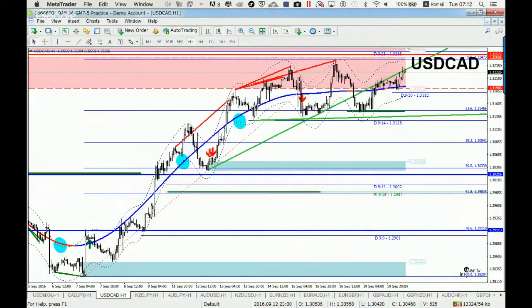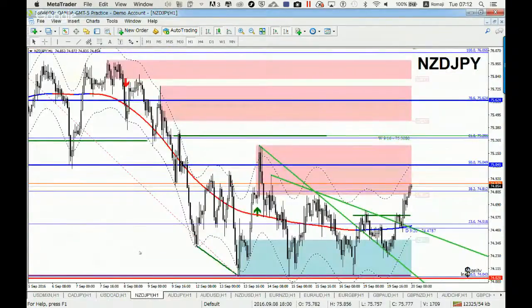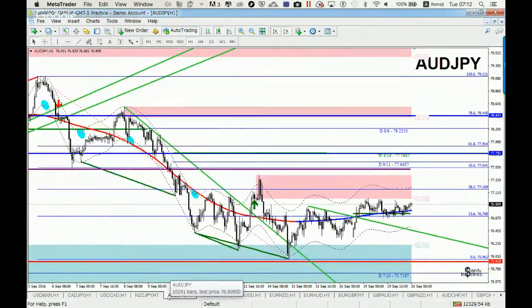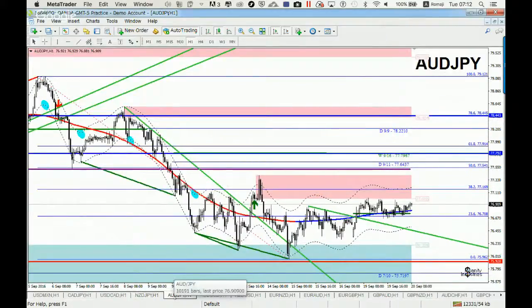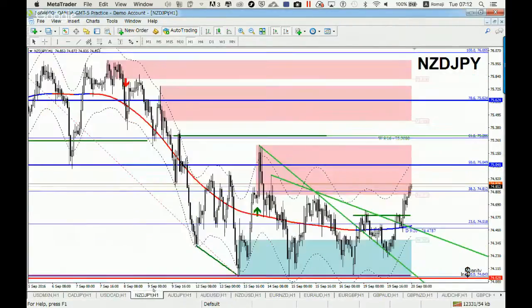Next, let's look at the New Zealand yen. Now, the yen pairs have kind of perked up, and a lot of this is anticipation for the Bank of Japan announcement. I'm hoping that before that announcement, we're going to get some of our stops to break even on these pairs, specifically the New Zealand yen and the Aussie yen. I'd love to have my stop at break even when those announcements come, and those are really the only two yen pairs we're in.